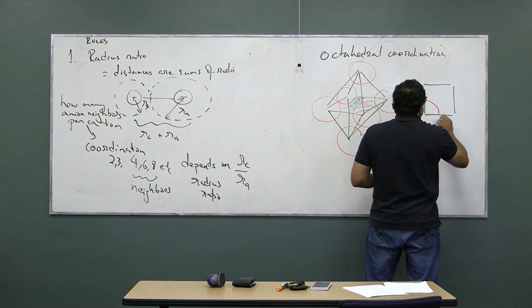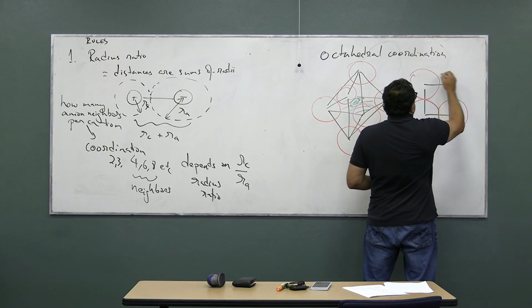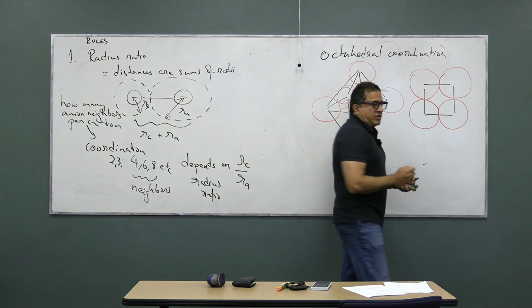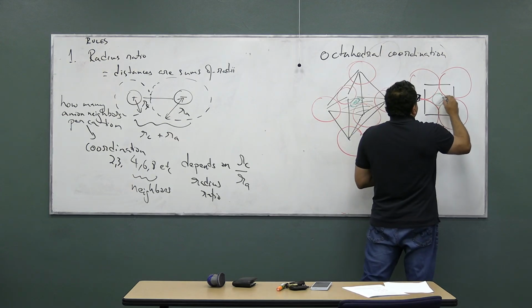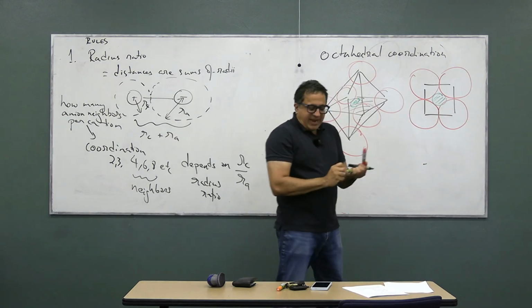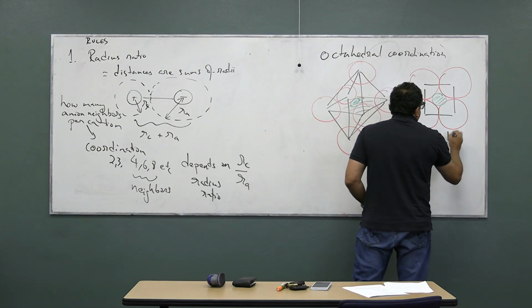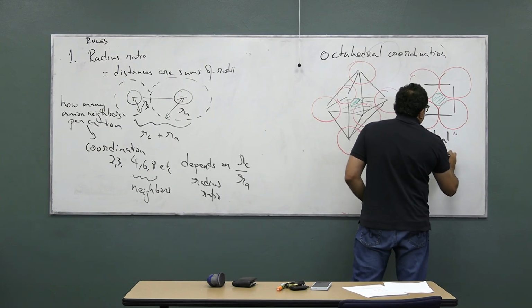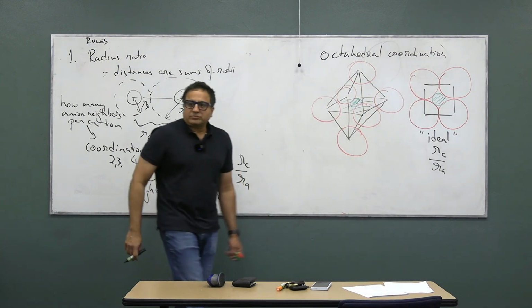The anions look like this in this plane, and it's generally a good assumption. And the cation looks like this, if it fits ideally. That's the ideal radius ratio.